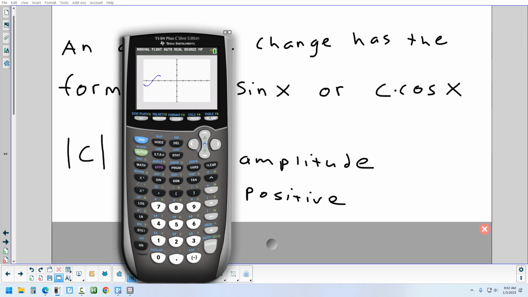And if I take the absolute value of that number, it will tell me the amplitude, which is 1. Okay. So you can see it causes a flip, but it doesn't change the amplitude. Okay, so the negative has no effect on amplitude, just on when you do the sketch. So any question why a negative doesn't affect the amplitude?